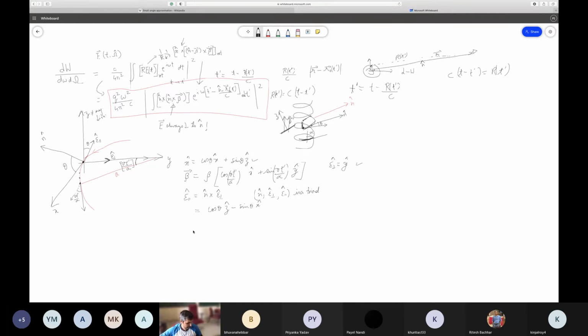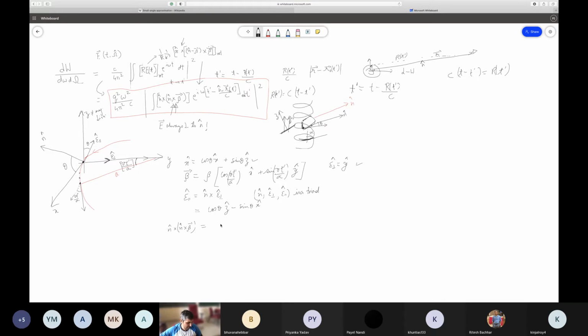Okay, so let's calculate n hat cross n hat cross beta. This is what will be needed in this formula. If we calculate that, we have n hat, beta, epsilon perp, epsilon parallel, all of those are there.